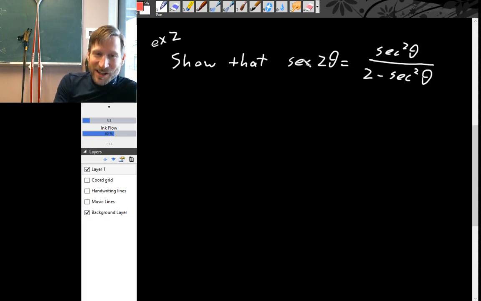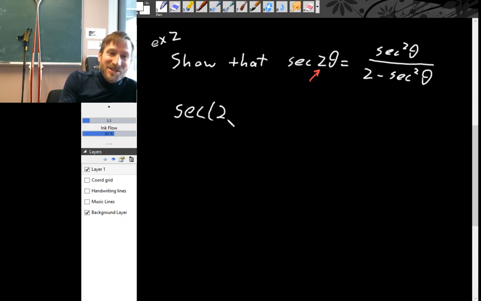But actually, having this 2 inside of secant on the left-hand side actually makes the left-hand side a lot more complicated. So let's start with the left-hand side. Also, having that 2 on the left-hand side gives you a really good idea of what to start with. Use a double angle formula.